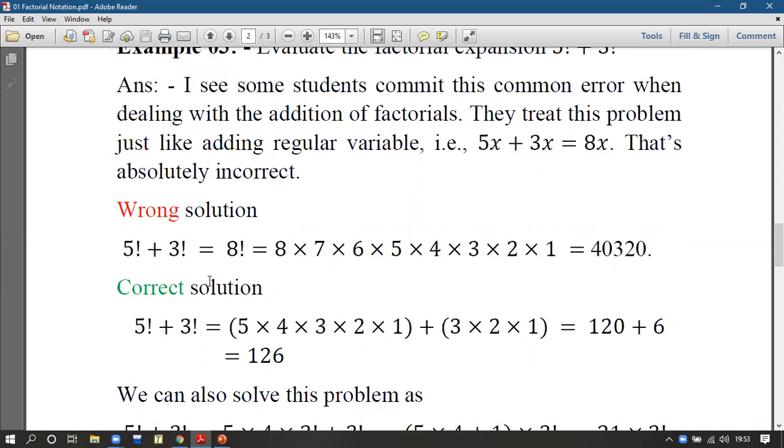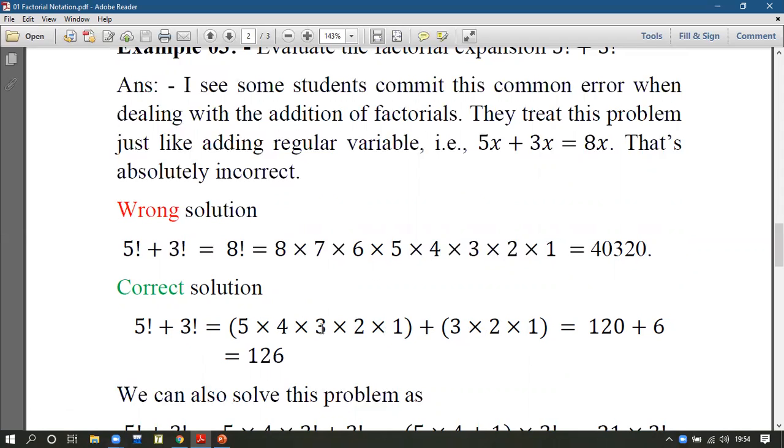Now, the correct solution: factorial 5 plus factorial 3 is equal to 5 into 4 into 3 into 2 into 1 for factorial 5, plus 3 into 2 into 1 for factorial 3. Therefore, the first expression is equal to 120 and the second expression is equal to 6.